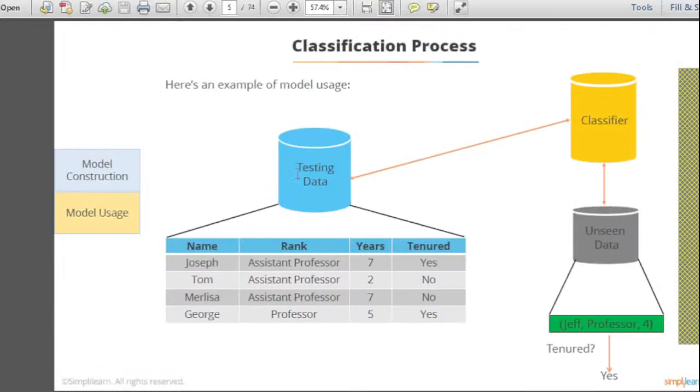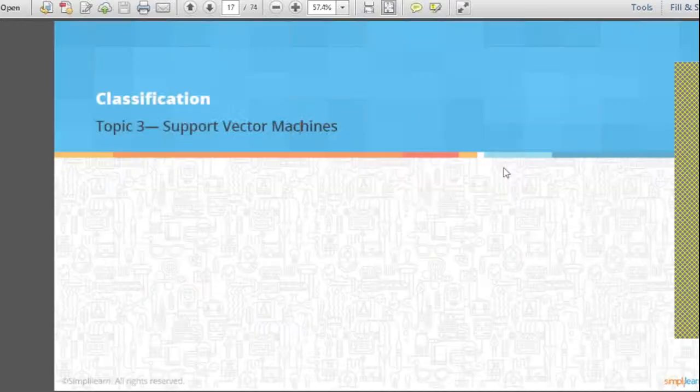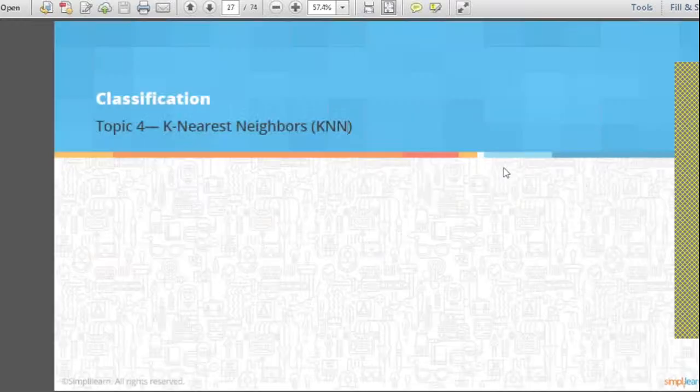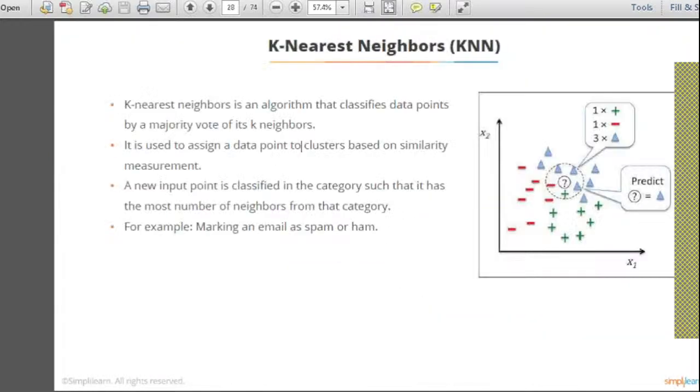Why did I pair KNN with clustering? Because KNN and K means clustering are very similar, both dependent on the Euclidean distance formula. So let's start with KNN, K nearest neighbor.